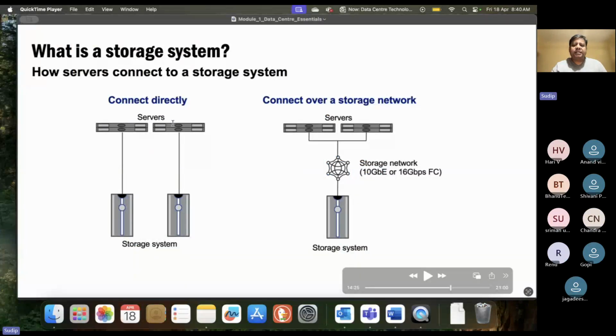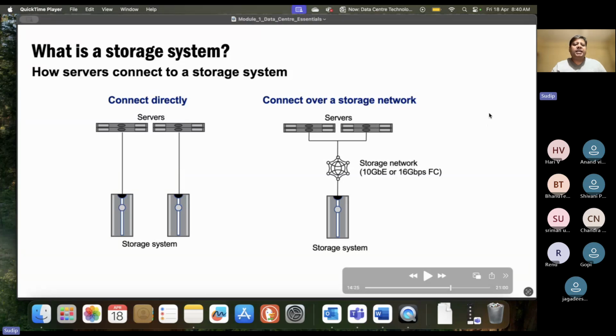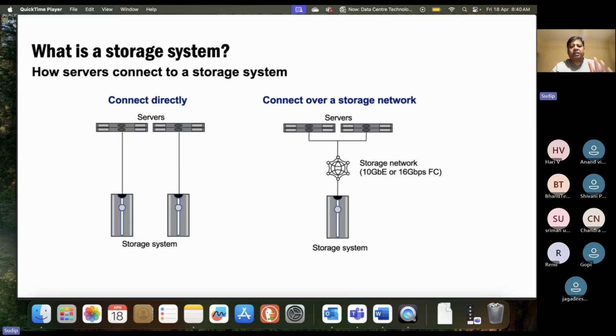On the left hand side, the storage system is directly connected using some cables to the servers. What kind of cables, why those cables, we'll talk later.